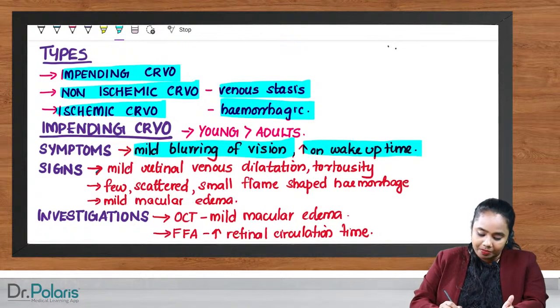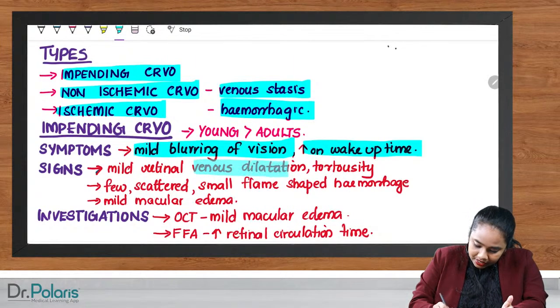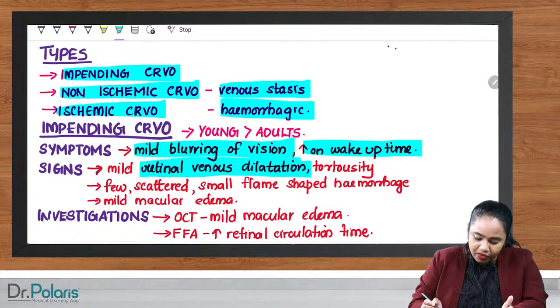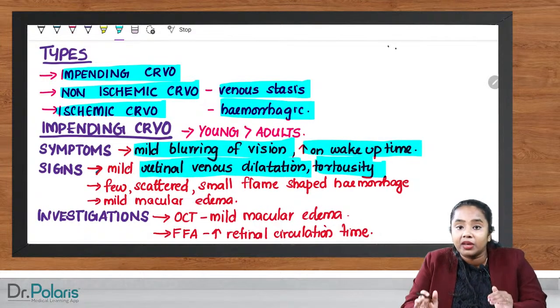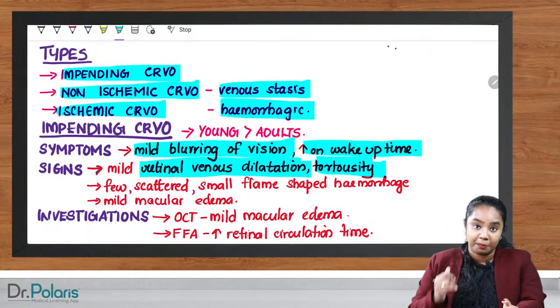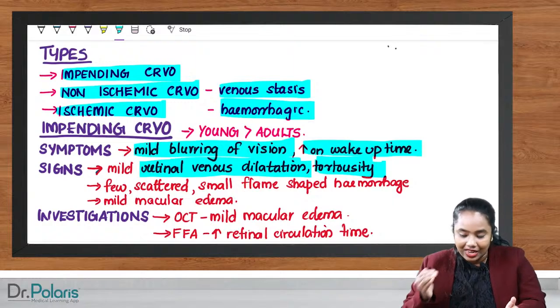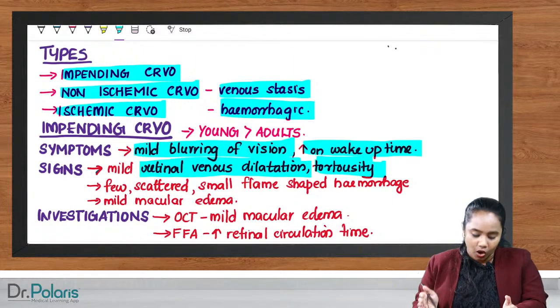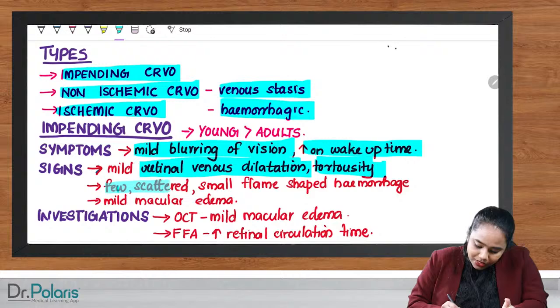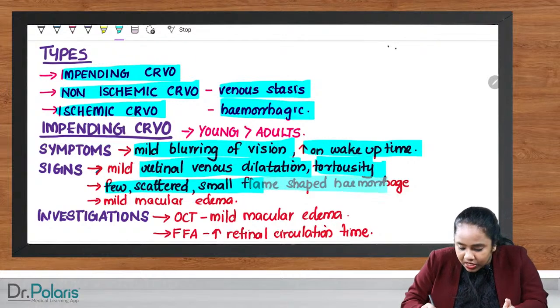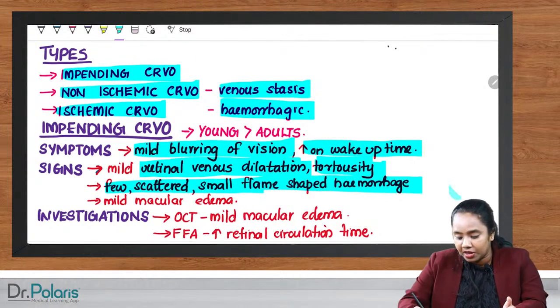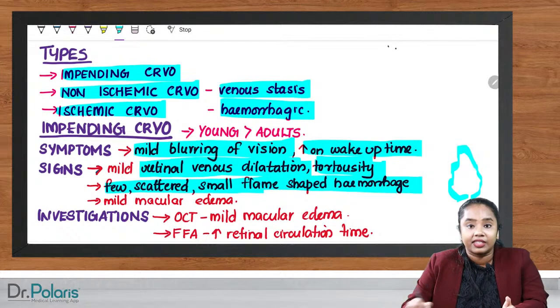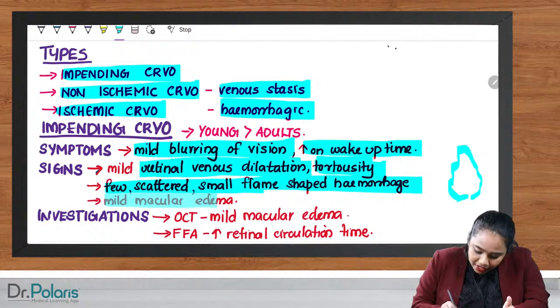Now, what are the signs? There is venous dilatation, the retinal venous dilatation will be present and they will be very much tortuous also, but remember it is very mild in this case, this impending retinal vein occlusion. And you can see few scattered small flame shaped hemorrhages here and there in the examination, and mild macular edema.